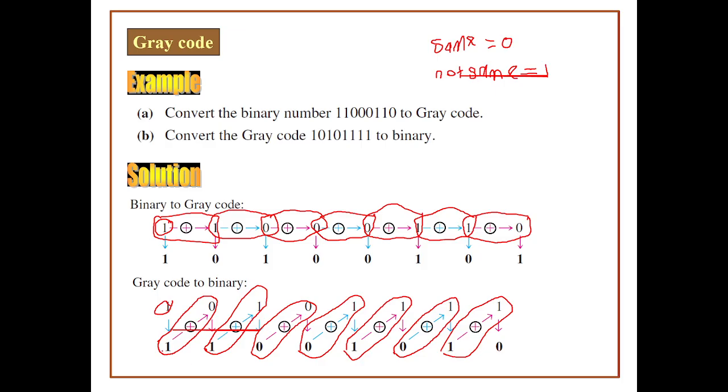So now you have 1 1 0 0 1 0 1 0, which is in binary. Okay, so this is the concept.